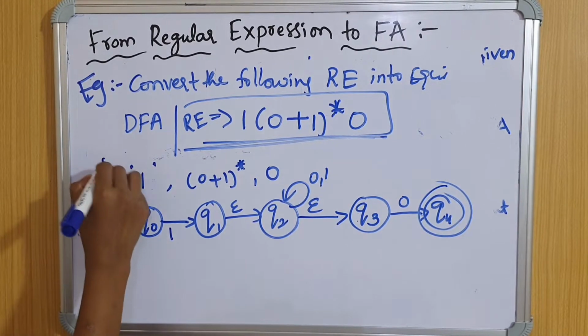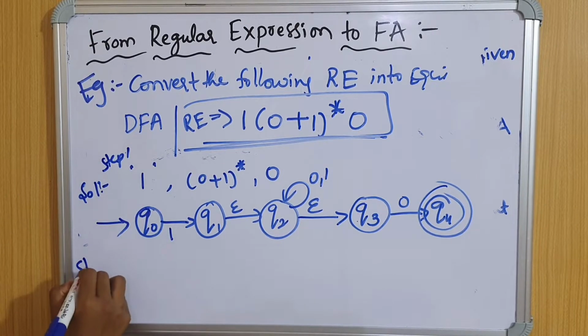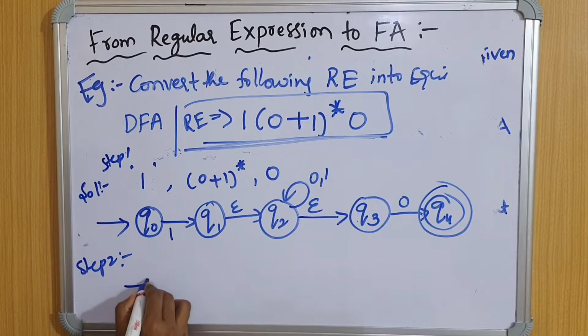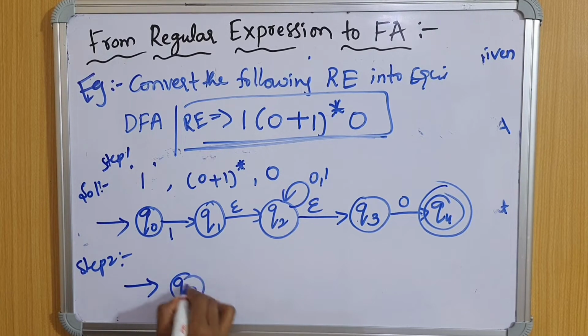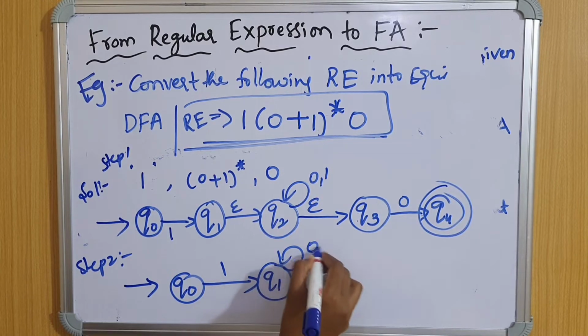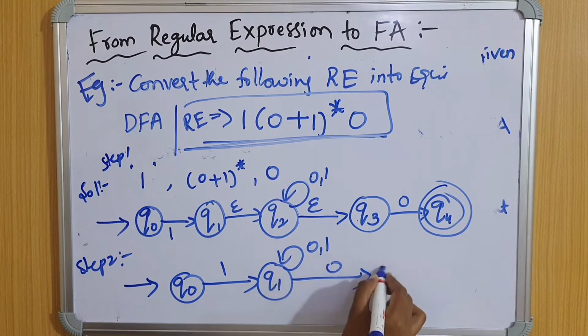This is step 1. Coming to step 2: construct the NFA without epsilon moves. Q0 on 0 moves to Q1, then a self loop on 0,1, then on 0 to Q2.